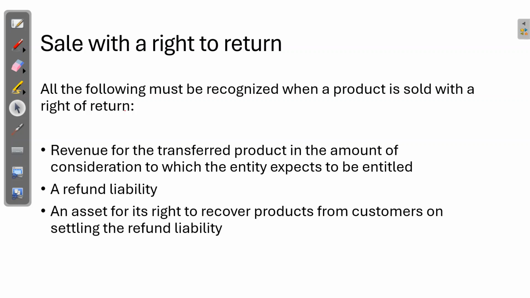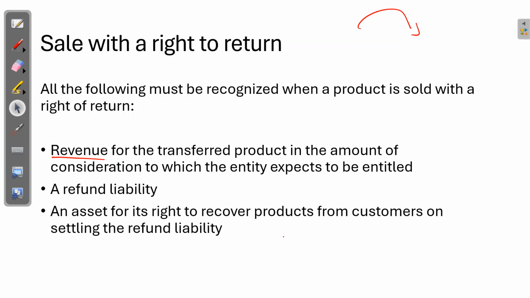So this is how we are going to account for sale with a right to return. First, since we have sold the goods, we have to treat it as revenue because we have delivered the goods to the customer. But when we are recognizing the revenue, we have to be careful, especially if we know that whatever we are selling, the customer is likely to return a portion of it.